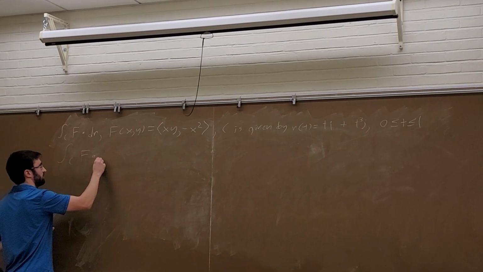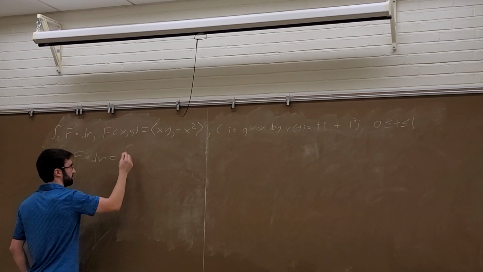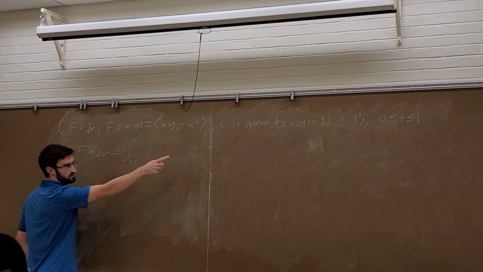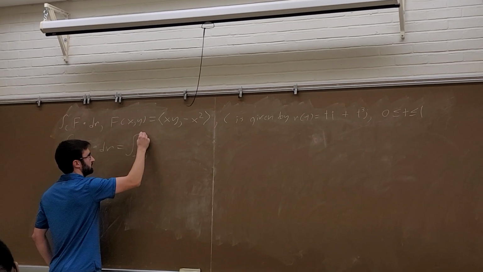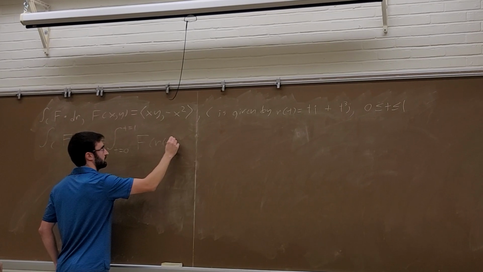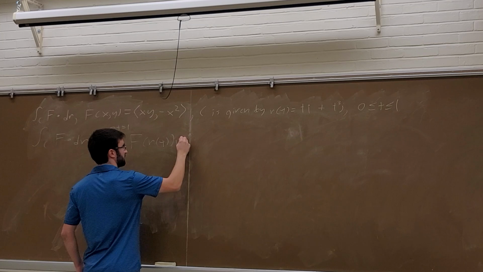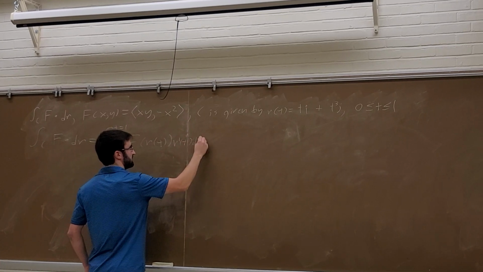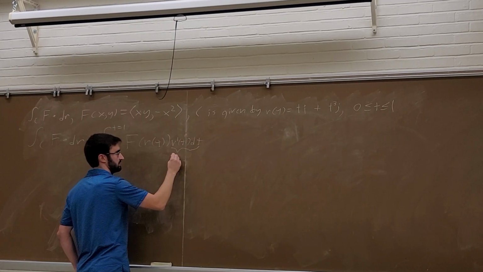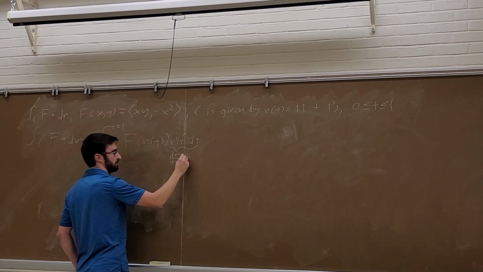So we have the integral of F dot dr, integrating over the vector, which will be equal to the integral where t goes from 0 to 1 of F of r of t dotted with r prime of t times dt, because that's dr over dt times dt.